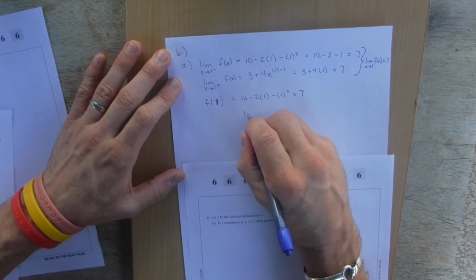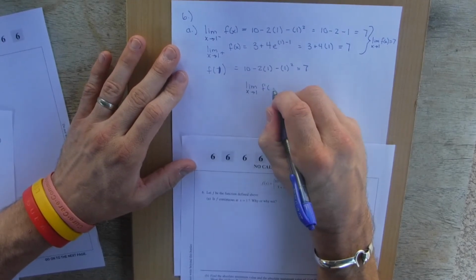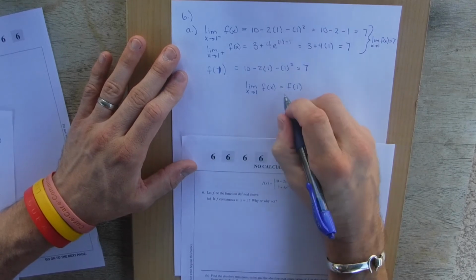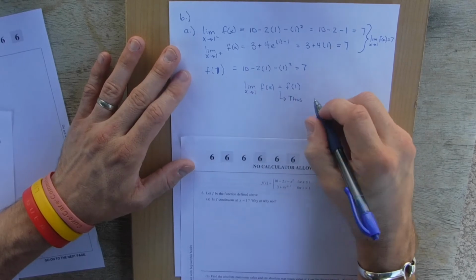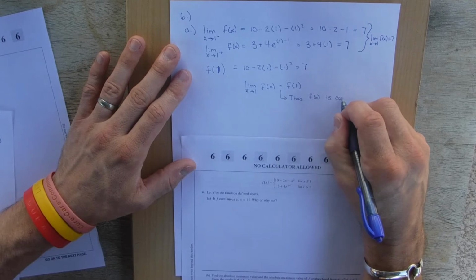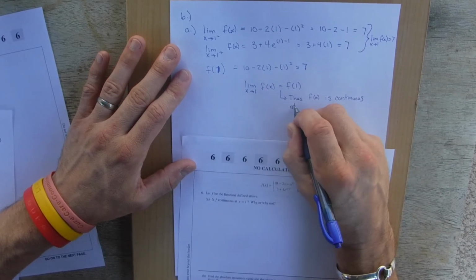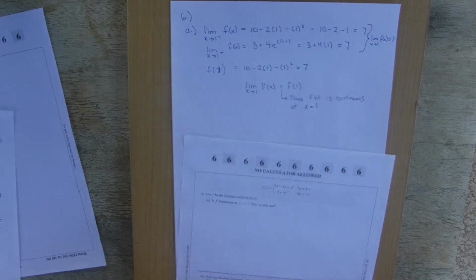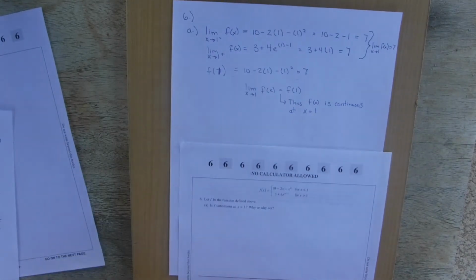I see that the limit as x goes to 1 is equal to the point at 1, and because those things are equal, thus f of x is continuous at x equals 1. So yes, it is continuous. Why? Because the limit is equal to the point. That's why.